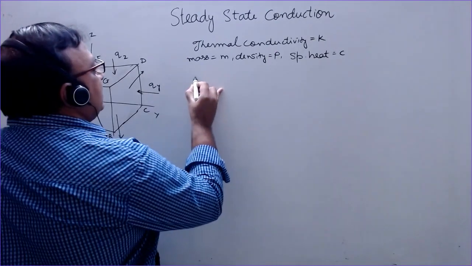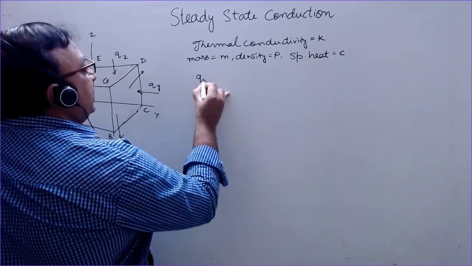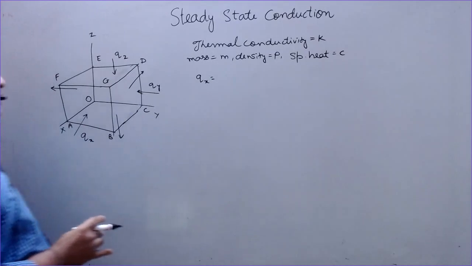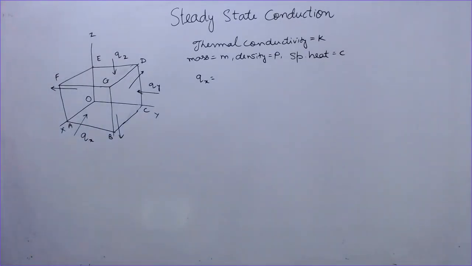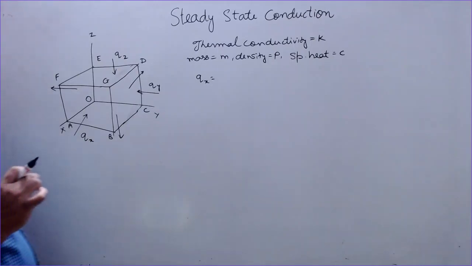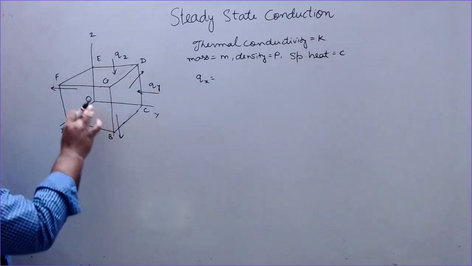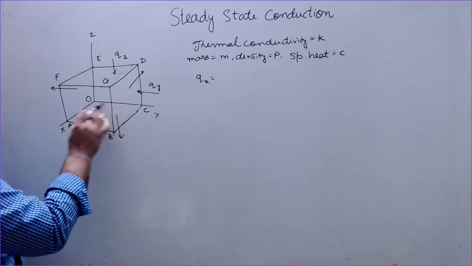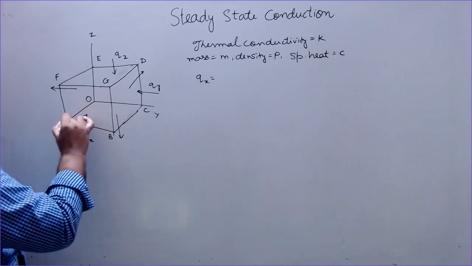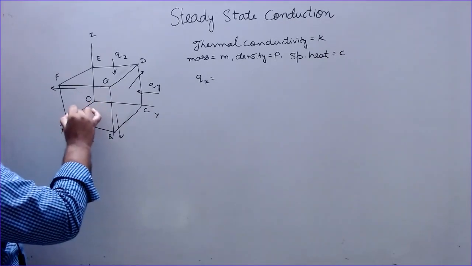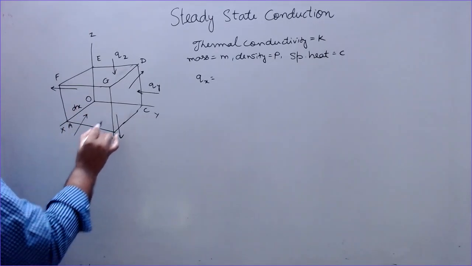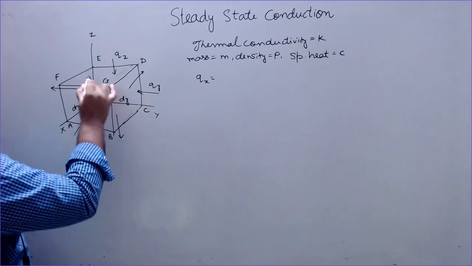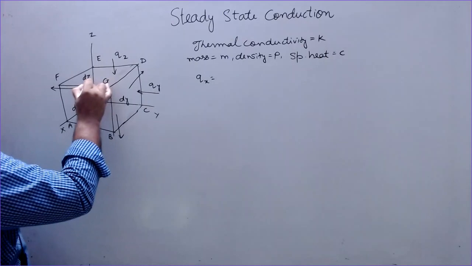So I can write that by using the Fourier's law, heat entering through the face in x direction. You can write the expression for that, and before this let us take the sides of this along x-axis. The side is this OA, dx, along y-axis this side is dy, and along z-axis this side is dz.